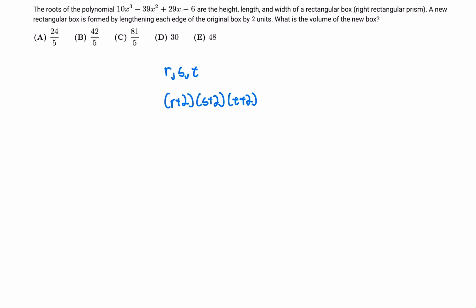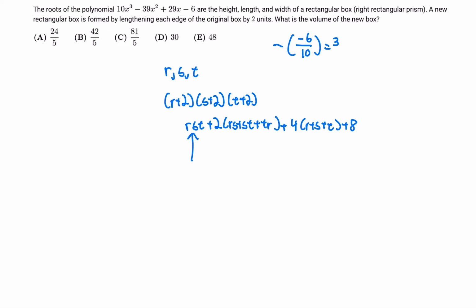this looks easy to expand. It's just rst plus 2 times rs plus st plus tr, and so on. We can find each of these using Vieta's. r times s times t is just going to be negative of negative 6 over 10, which is just 3/5. So this equals 3/5.